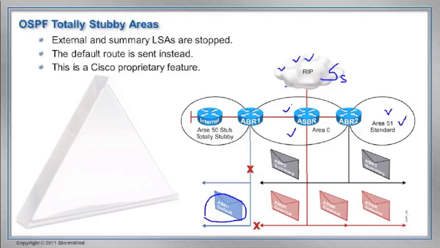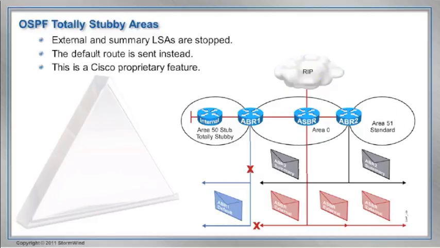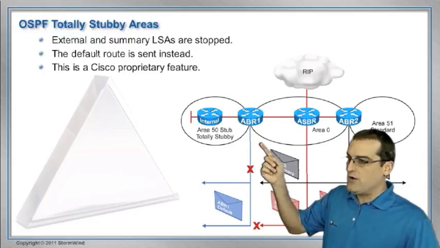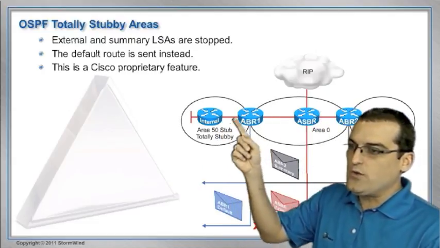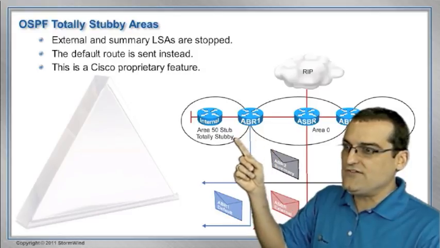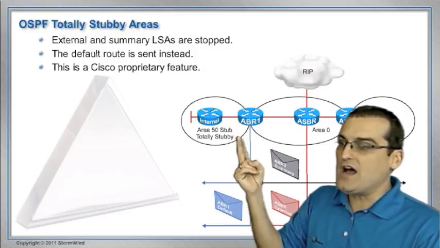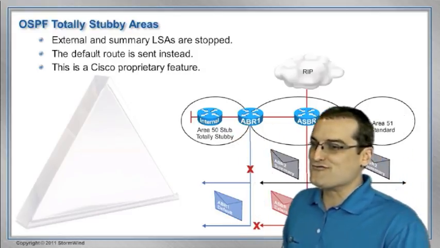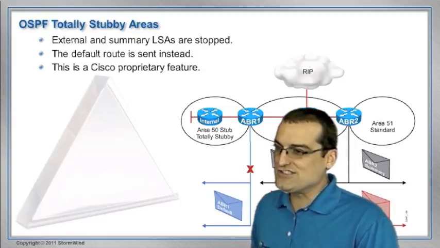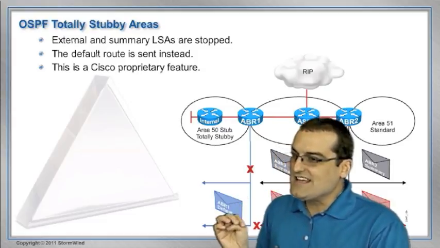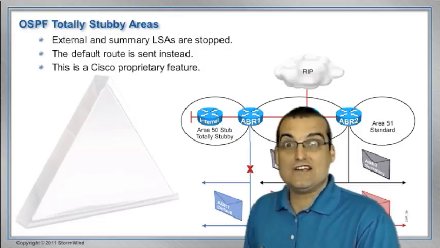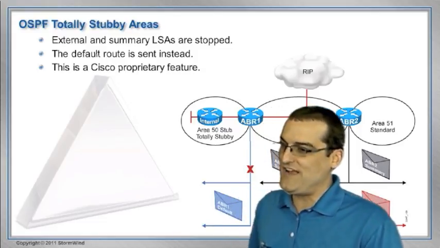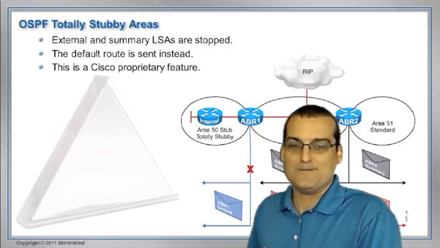All we have to do is go to our area border router, which is where we initially configure this, and we just modify the configuration right there, ever so slightly. This slight configuration modification ends up having a dramatic effect on OSPF's operation.